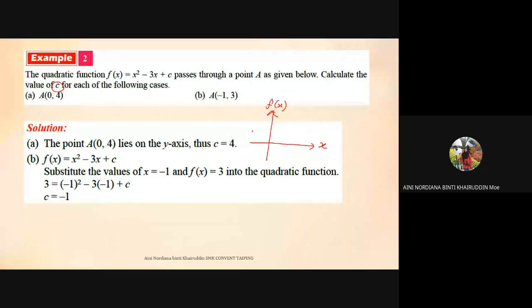Kalau you further study dalam matematik, kita ada satu lagi axis. Yang ni z-axis. Ni jangan confuse lah. Nanti kalau you further study dalam matematik, you akan belajar lagi advance. Sebenarnya kita ada 3 axis. X-axis, y-axis and z-axis. 3D graph.